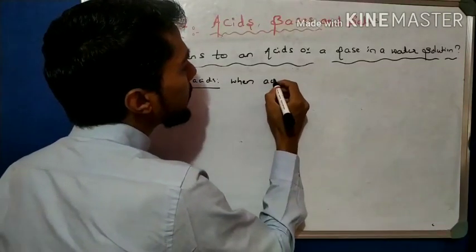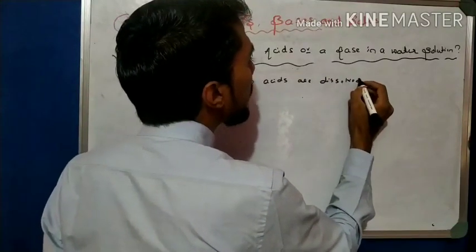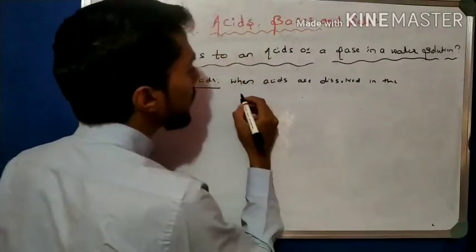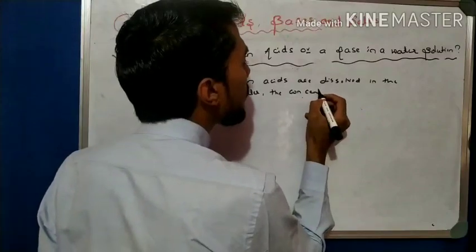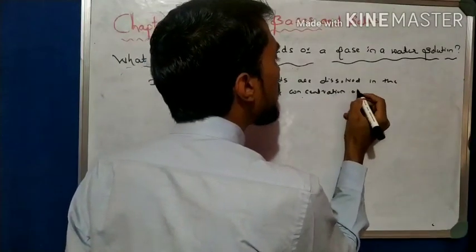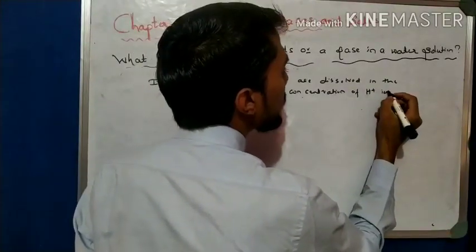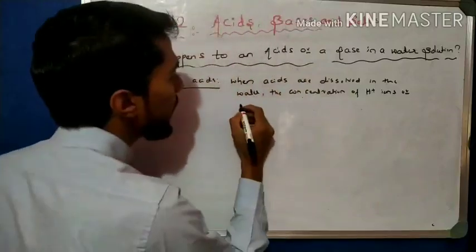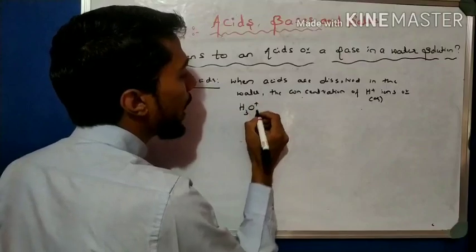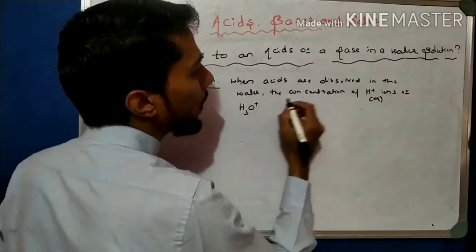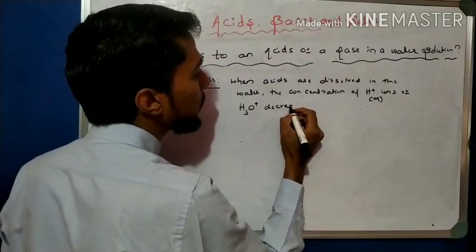See, when acids are dissolved in the water, the concentration of H plus ions, also called H plus aqueous ions or hydronium ions, H3O plus ions, decreases.